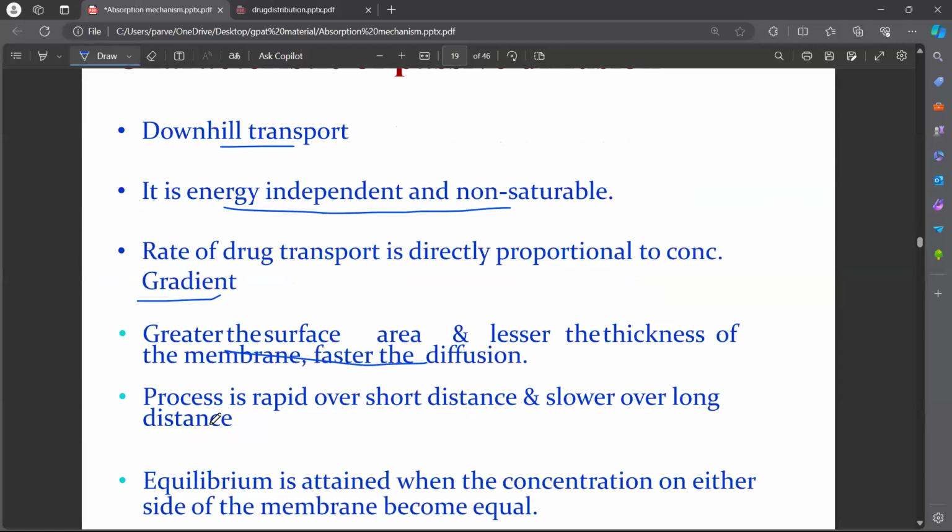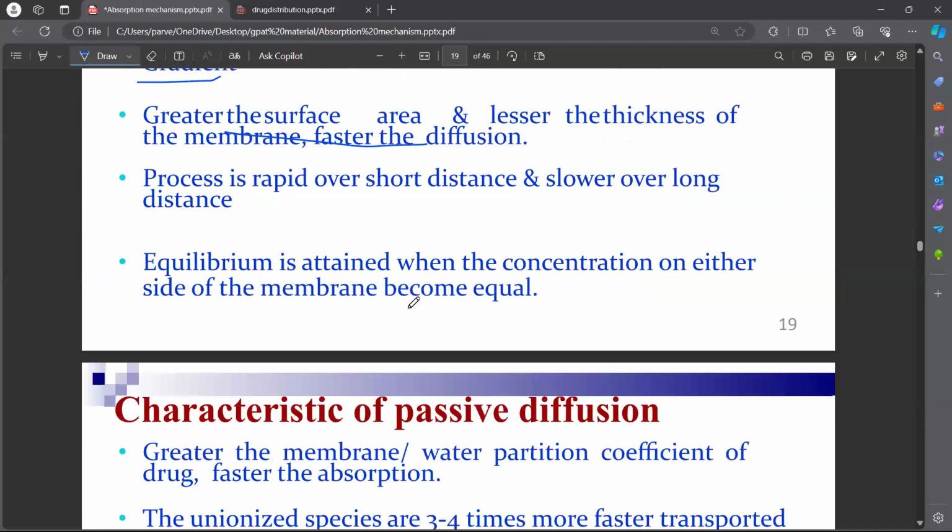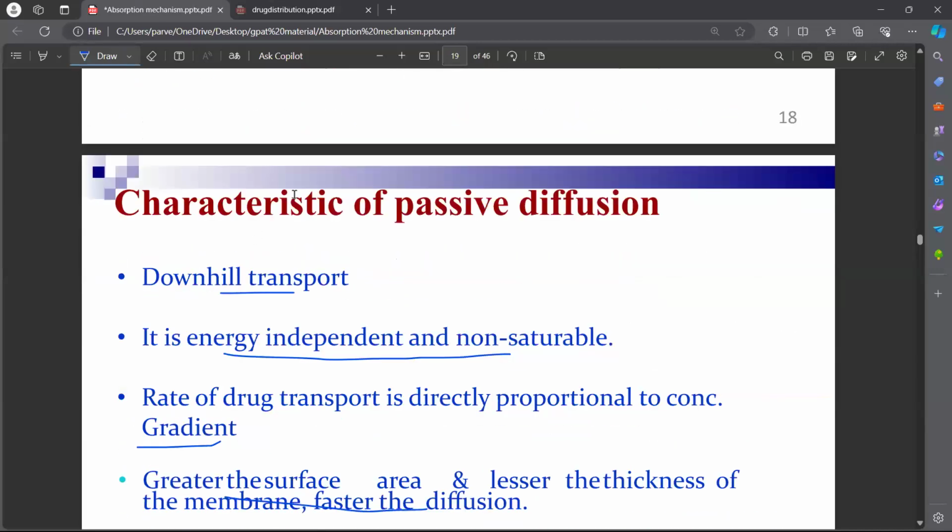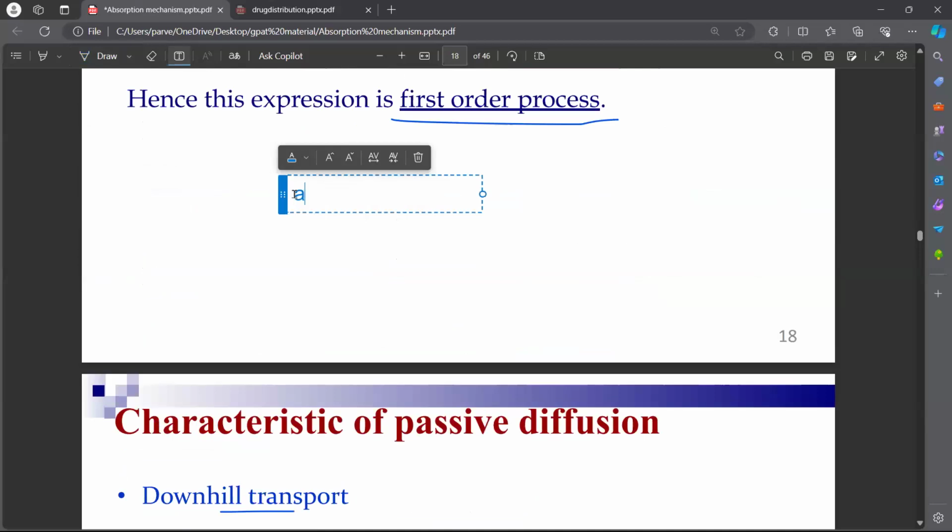Let me frame a question here. For example, a drug is getting absorbed via passive diffusion.